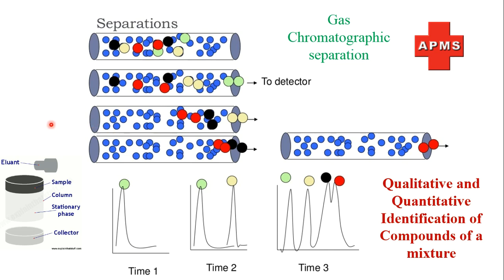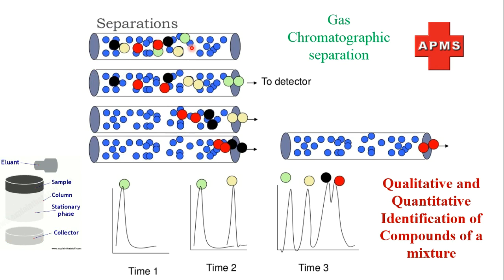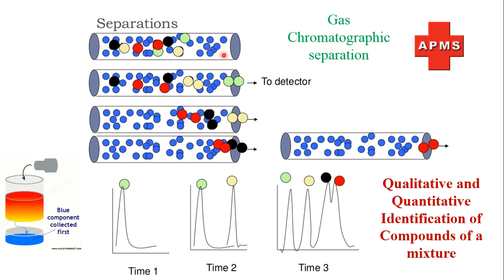So, in the last presentation or lecture, we have seen the principle of gas chromatography, that how these different components or different constituents of a sample separate in the column which contains a stationary liquid phase.